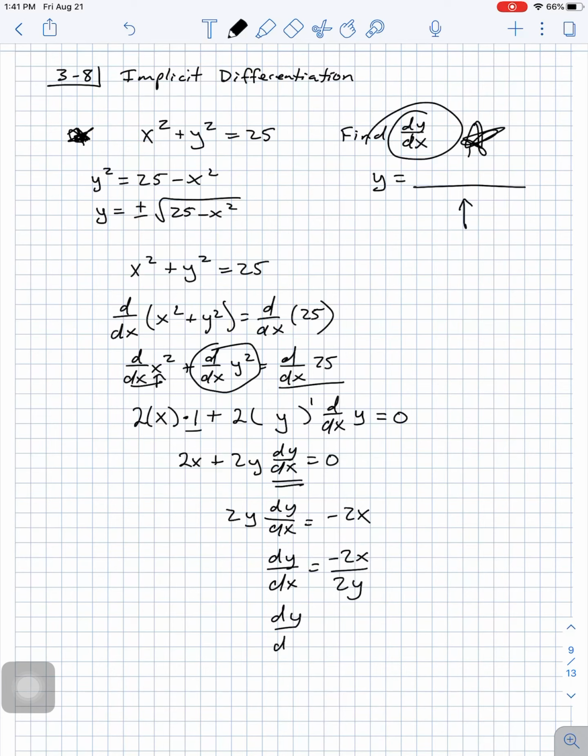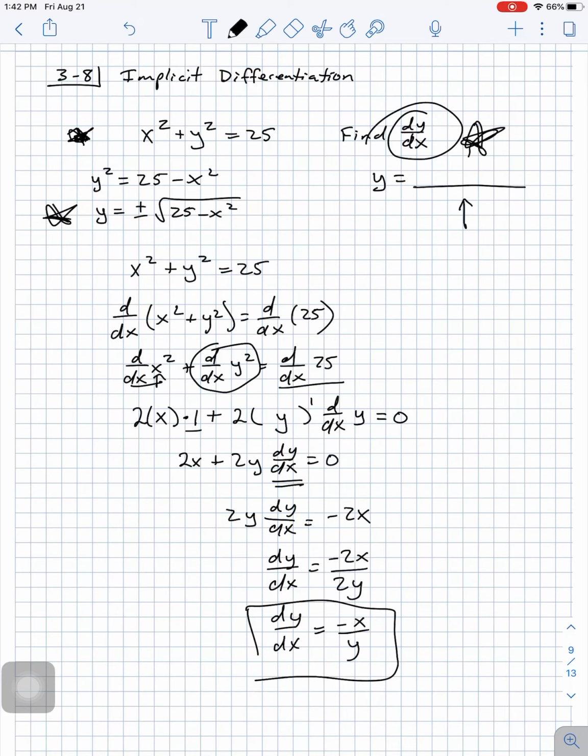And if we reduce a little bit, I get that the derivative is negative x over y. So much simpler than dealing with this scenario with the square root. So bottom line, if it's not solved for y, don't try to solve it for y. Just take the derivative term by term, and every time you take the derivative of a y term, label it with a dy dx because of the chain rule.